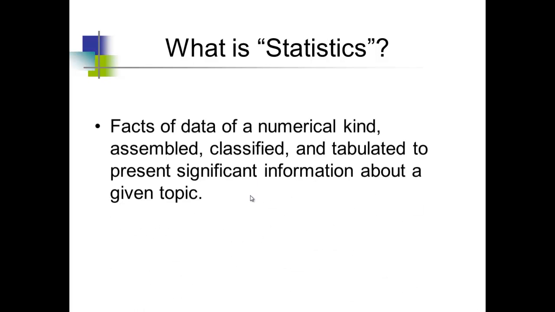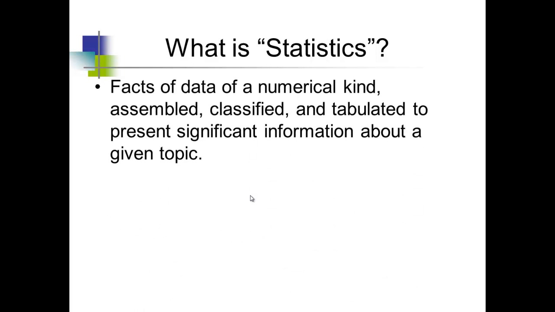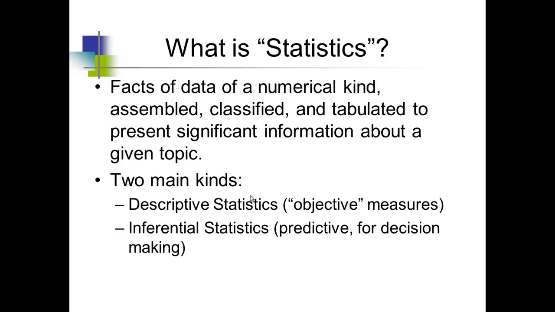Statistics. What is statistics? Statistics are facts of data of a numerical kind that are assembled, classified, tabulated to present significant information about a given topic. Essentially, there's two types of statistics. There's descriptive and inferential. Descriptive statistics tend to be quote-unquote objective measures, and inferential statistics tend to be what we use to generalize from a sample to a population, or prediction.